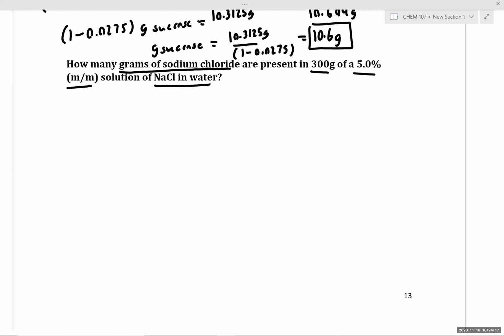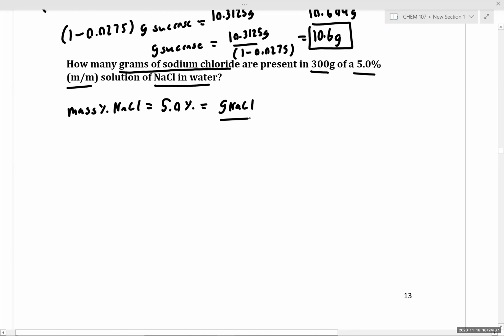Okay, so let's look at this example. We're asked how many grams of sodium chloride are present in 300 grams of a 5% mass over mass solution. So we know the mass percentage of sodium chloride is 5.0%, and that's equal to the grams of sodium chloride over the total grams of solution times 100%.